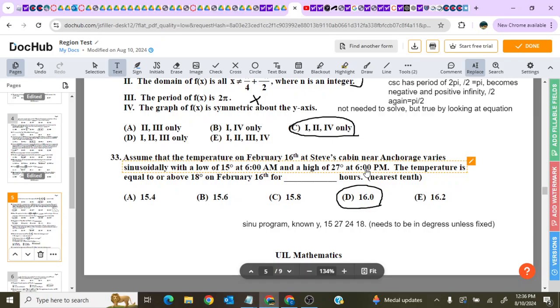And then you're looking for when it's above or equal to 18. Our program right now, at least the one I have, only successfully solves this question if it's in degrees. So as a result, you will need to have your program be in degrees for this question, and you will get 16.0.